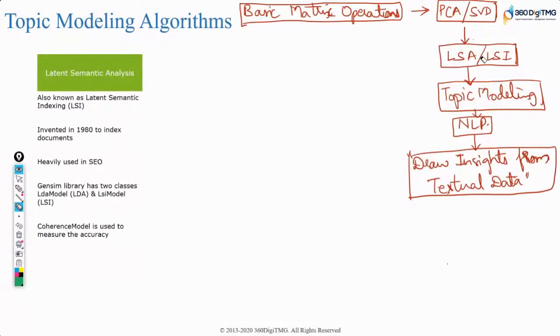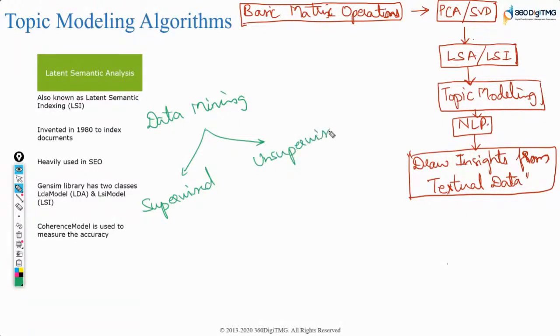These techniques are unsupervised learning techniques, right? And you already know that when it comes to data mining, you'll have two branches, supervised and unsupervised. In supervised learning, the output variable y is known, and in unsupervised learning, output variable y is unknown.